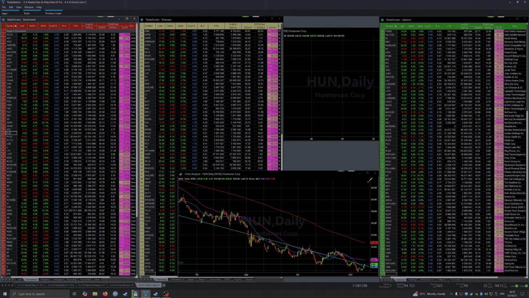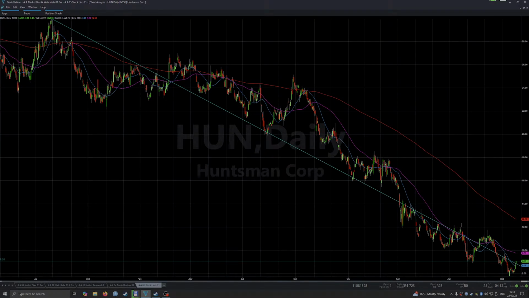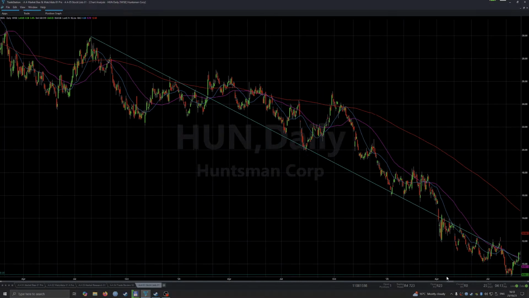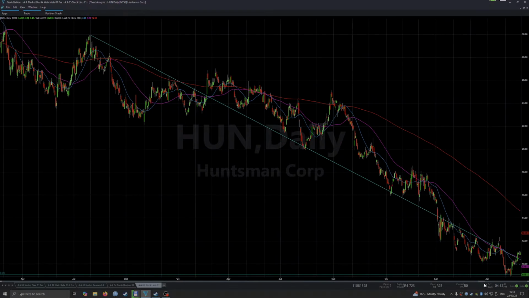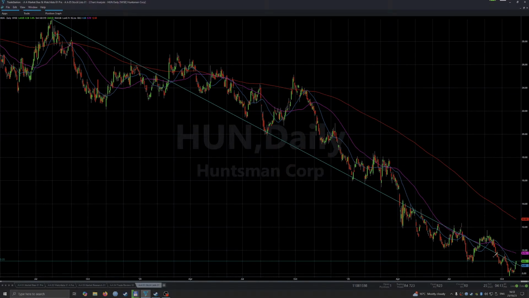Next stock. This trend line, I don't know when I drew it, but it was obviously a long time ago. Let's try to see. I drew it in this period here. But interesting to me is how even when it broke the trend line, it still came back to it. For all this time. Now it's gone below it again, and it's still sort of keeping to that same trend line.